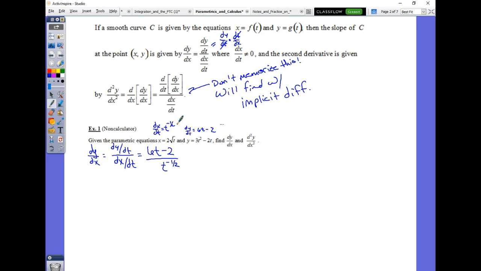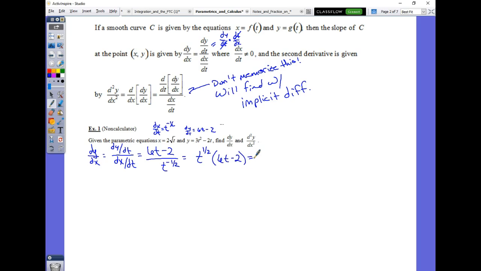We've got some more work we're going to do, and this will be much easier to deal with if we simplify it. So this is one of the few times I'm going to tell you to simplify something on a problem. Even if this is a free response, if I know I need to use this, I probably want to make this easier on myself. So how could I rewrite this? We can move the bottom t to the top, call it t to the 1/2 times 6t minus 2.